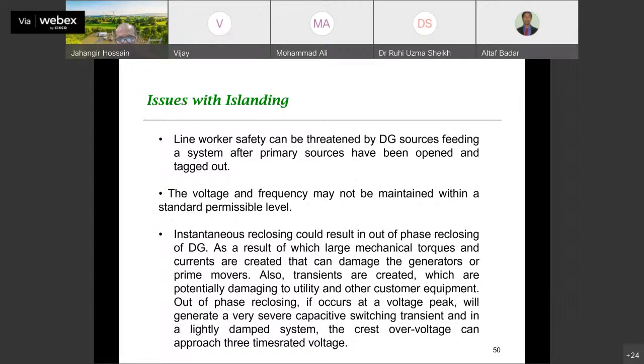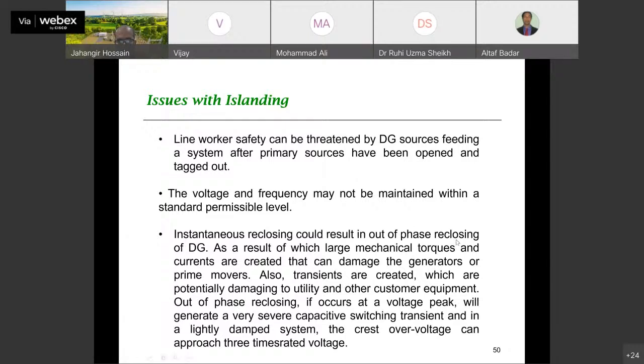And again, why do you need to do that? Because, as I said, it could be a safety issue, not only for line workers, but also for the DC sources, power electronics, inverters, and converters. The voltage and frequency may not be maintained within the standard permissible level. So that's why it is important that we identify it accurately.